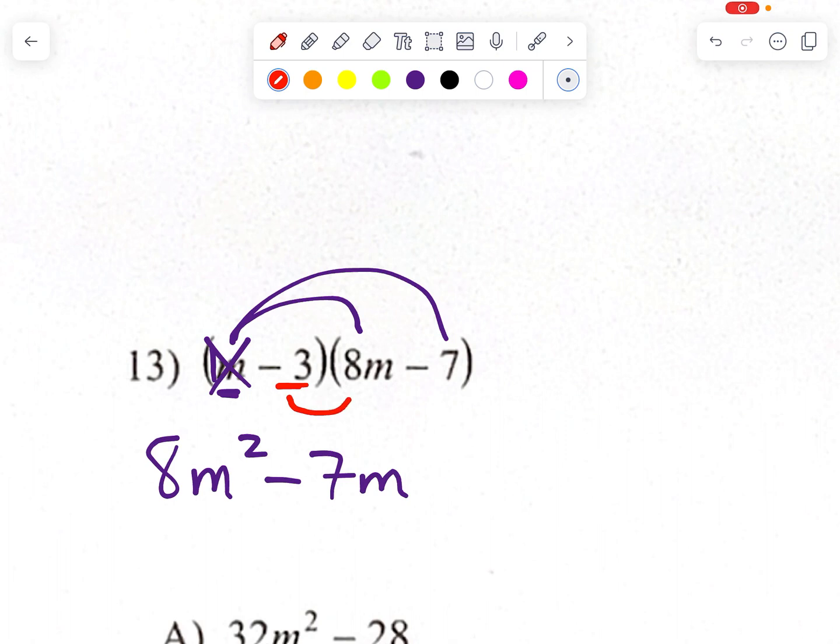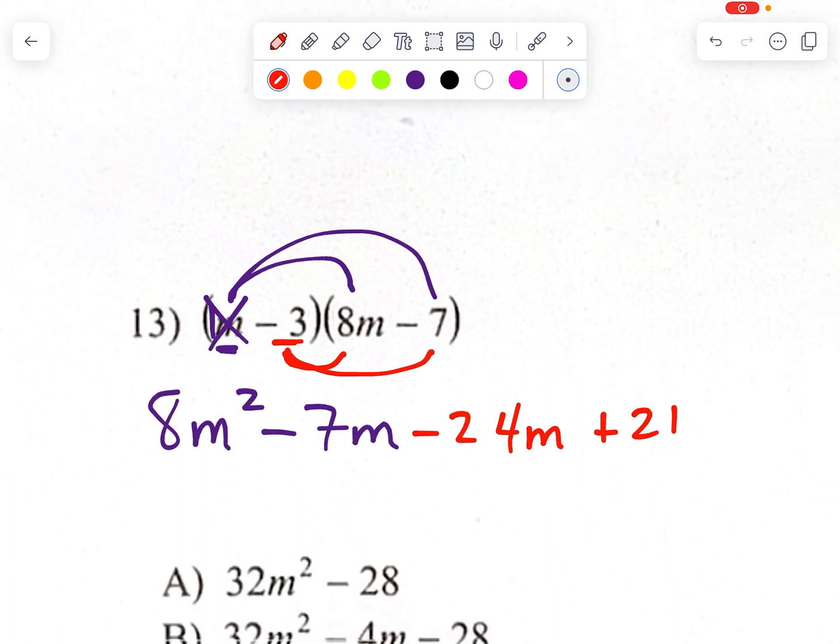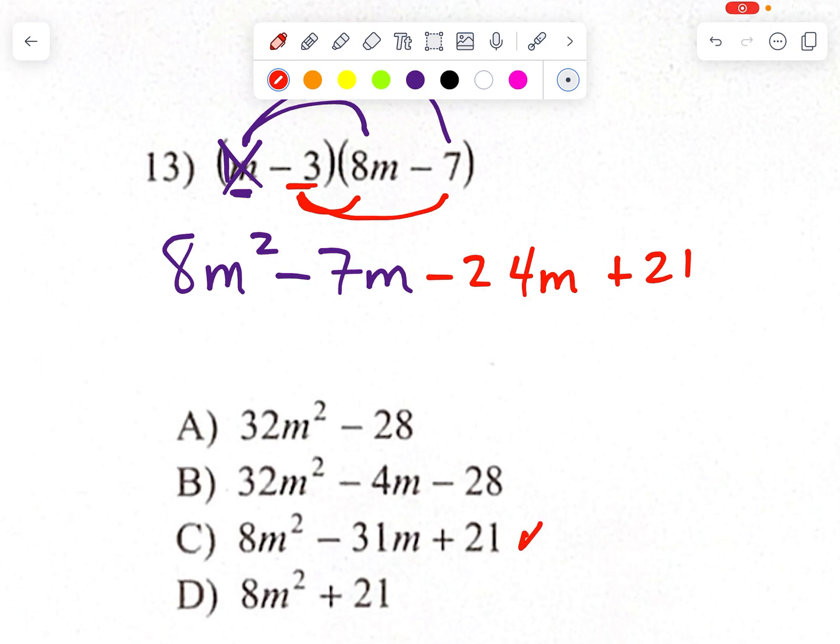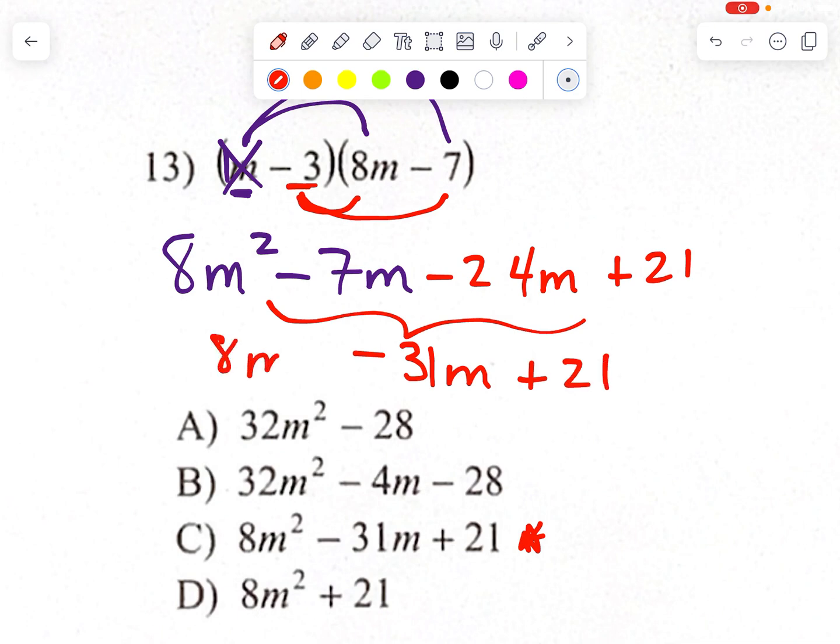Now we are going to multiply the -3 over. That is -24m. Multiply it over again. +21. And you can see right here, this is the only answer choice that has the +21 on the back side there. But we're just going to combine like terms in the middle. When you do that, you get -31m. And you can see that our answer is C.